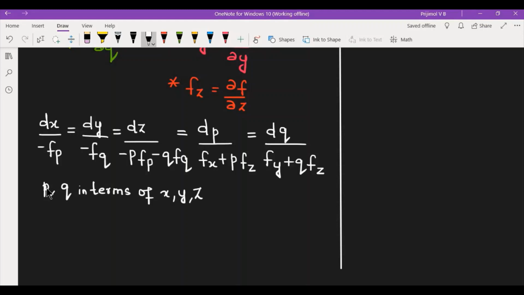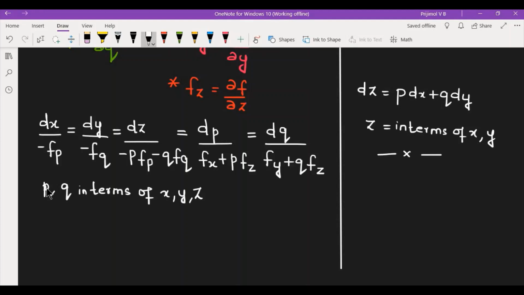After obtaining p and q, substitute in the relation dz = p dx + q dy, and then separate the variables and integrate further. You get a solution of z in terms of x and y, which is indeed the solution of the partial differential equation. Thus, this is the working procedure of Charpit's method. Let us continue solving a few problems.